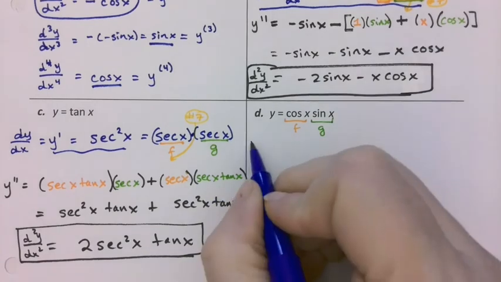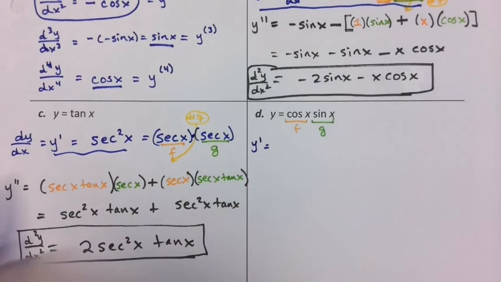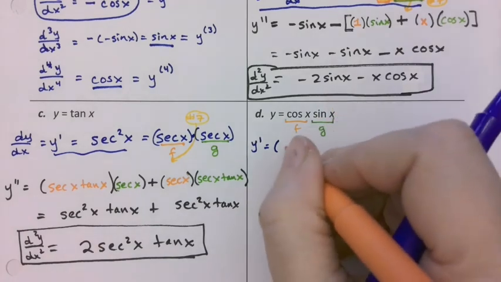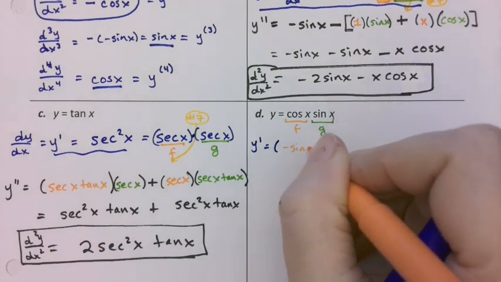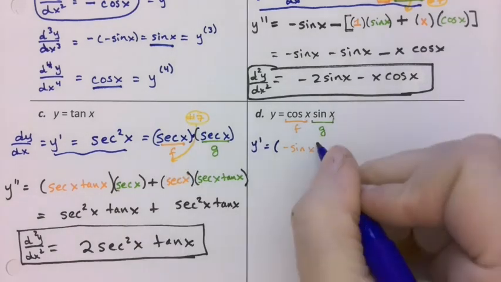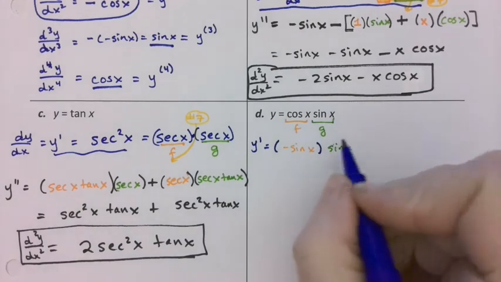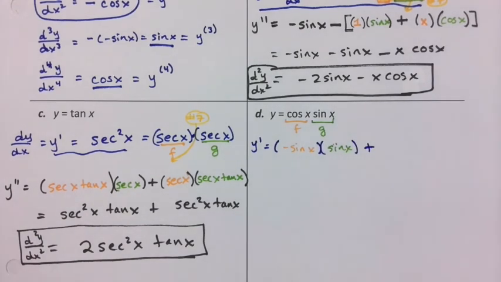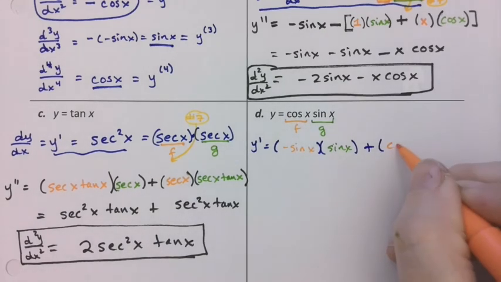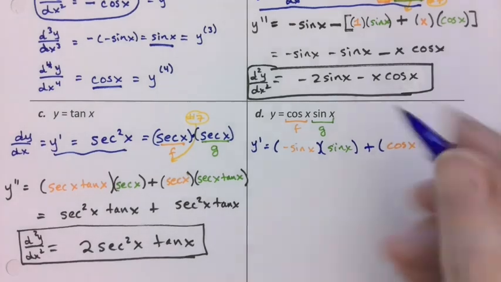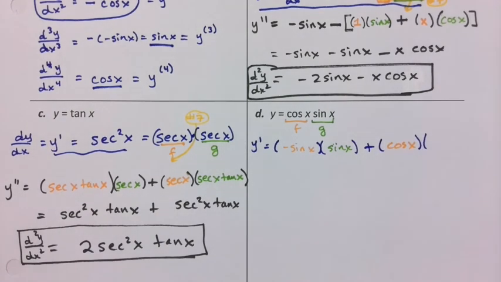All right, so y prime would be equal to, and then I'm going to take the derivative of cosine, which is negative sine of x, then leave the sine alone, so sine of x, that's g, plus, and then I'm going to reverse it, leave the f alone, so I'll write cosine of x, and then the derivative of sine, which is cosine.